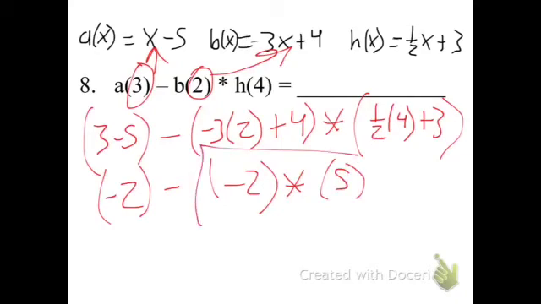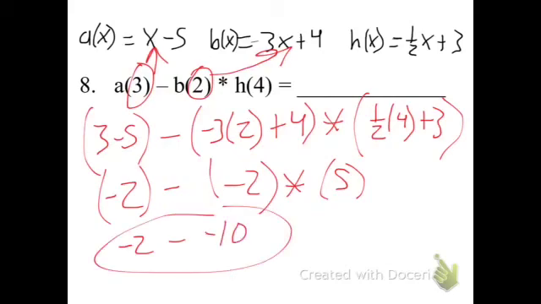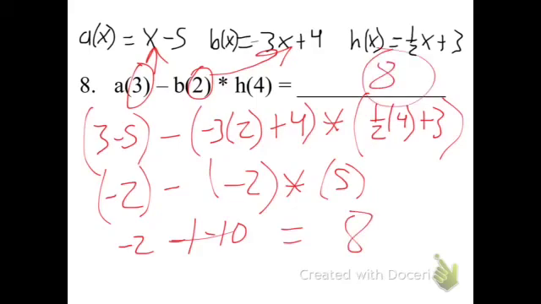And then we gotta do this part first, because multiplication comes before subtraction. Negative 2 over here, minus negative 2 times 5 is negative 10. And so now we got negative 2 subtract negative 10. Subtracting negative is the same thing as adding, which is going to be negative 2 plus 10, which is 8. And so 8 is our final answer there.